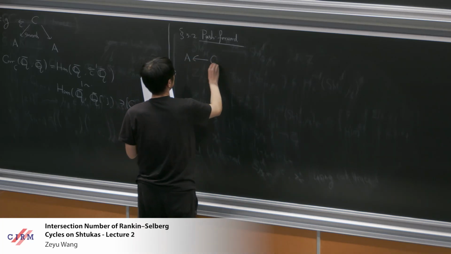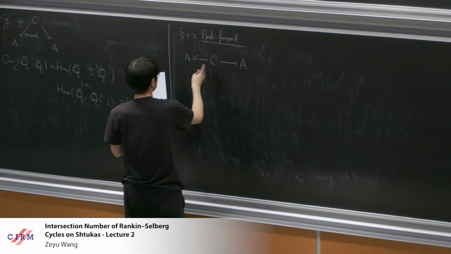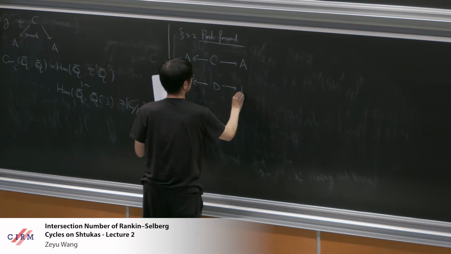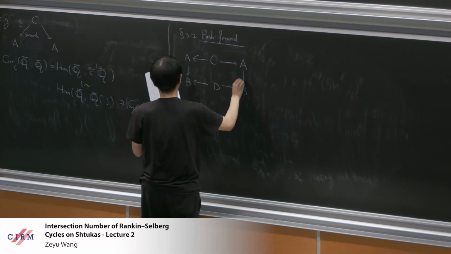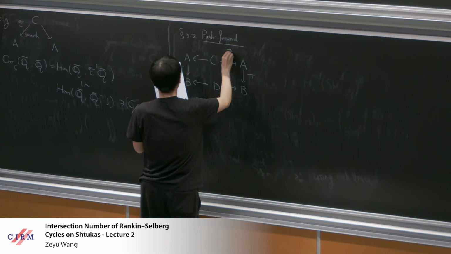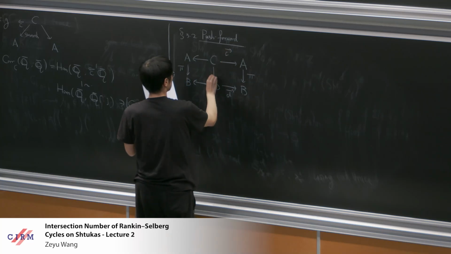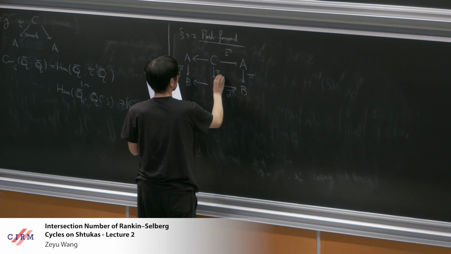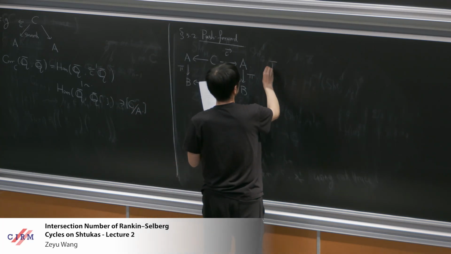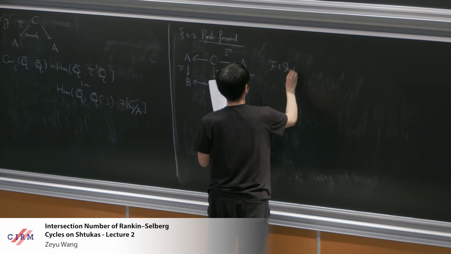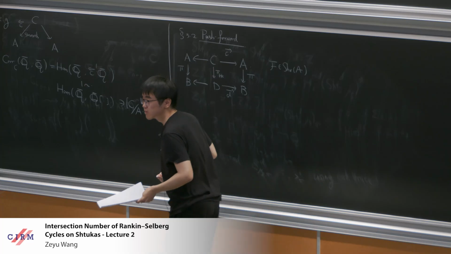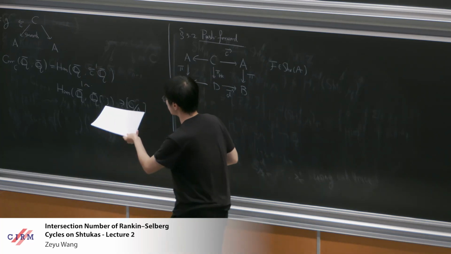So suppose you have two correspondences, C on A and D on B, and two maps, the map pi, C right and D right. And you have a map between the correspondence spaces, pi Hecke. And suppose F lies in sheaf A. What's this map?